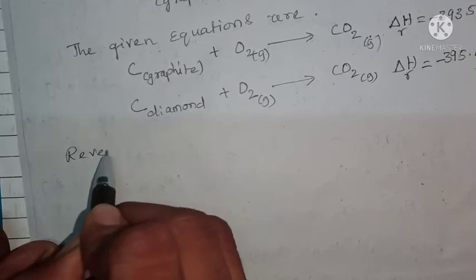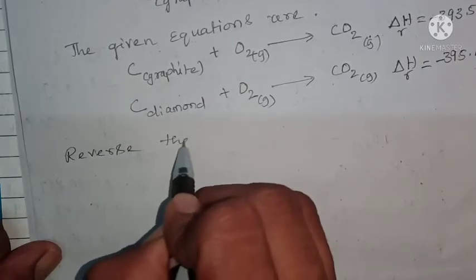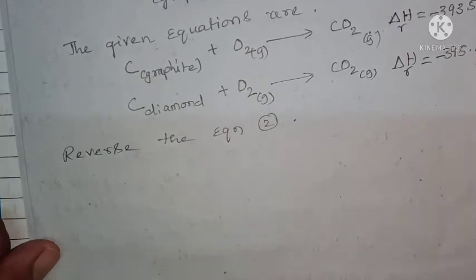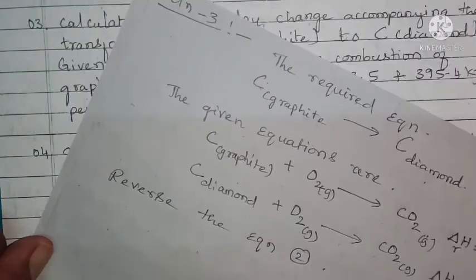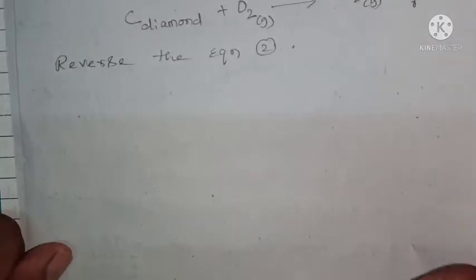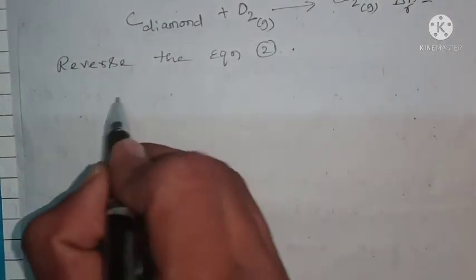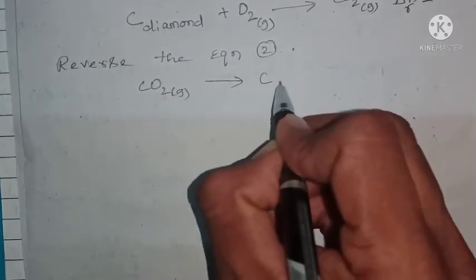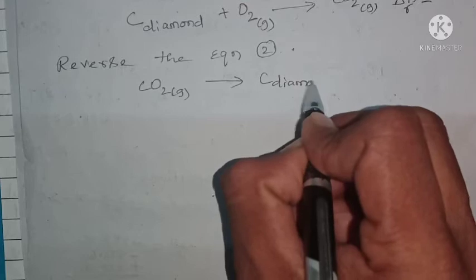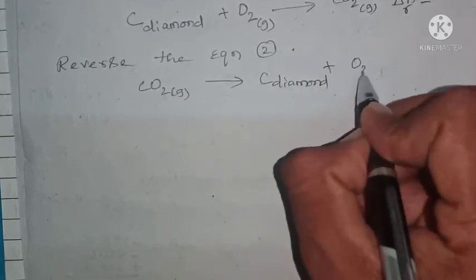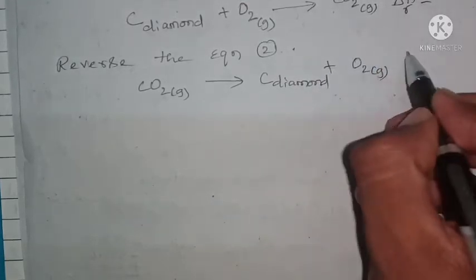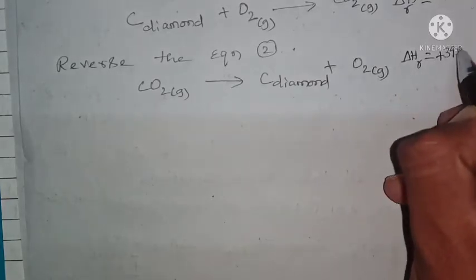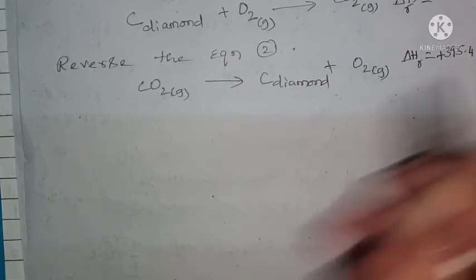Reverse the equation 2. On reversing, it becomes CO2 gas gives C diamond plus O2 gas, and here this value becomes delta H R equals plus 395.4 kilojoules.